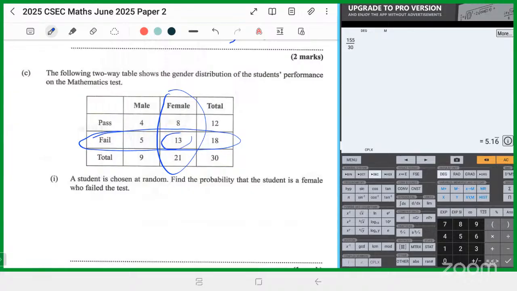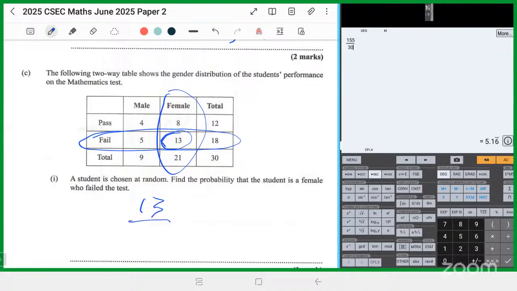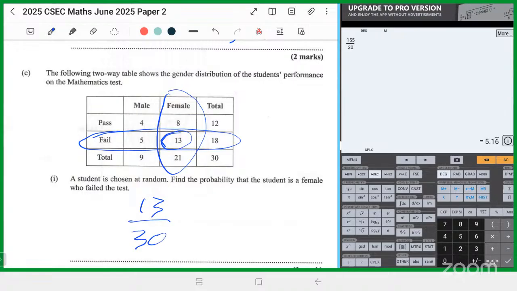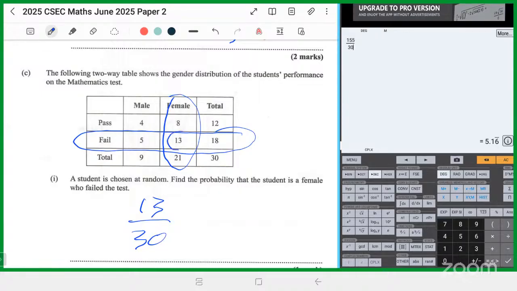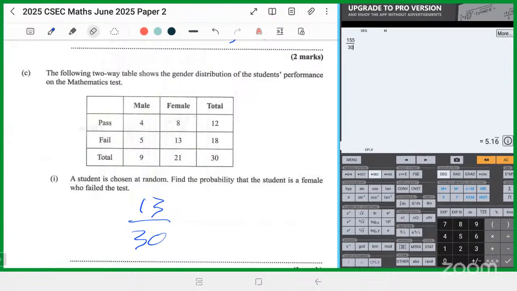So we're talking about 13 out of 30. That's the answer right here, because even though you're selecting from the entire population, you want a specific female who failed. So 13 out of 30.